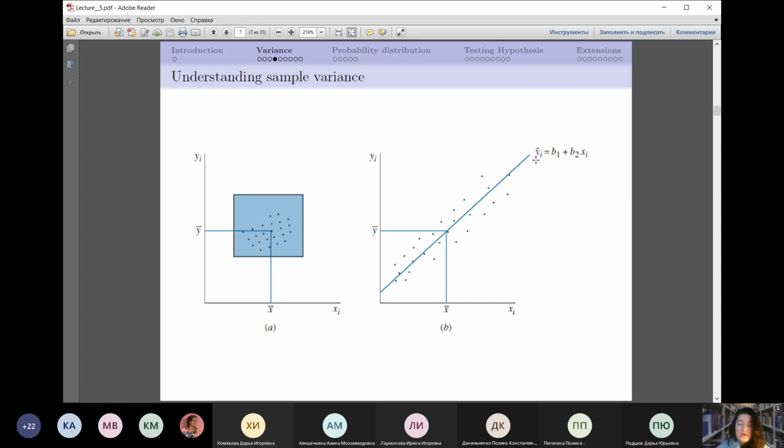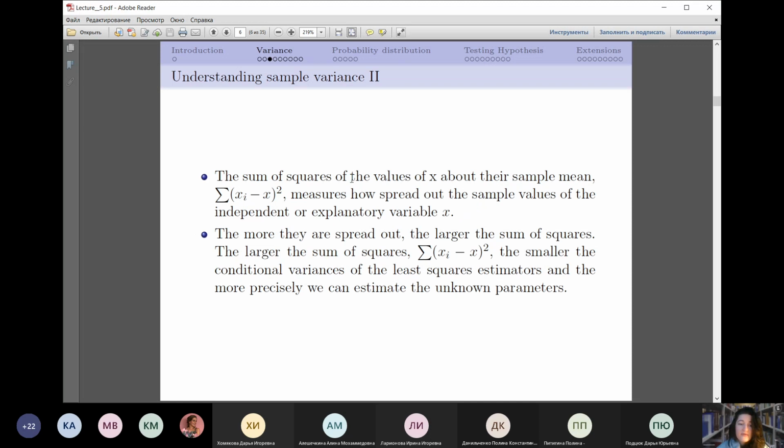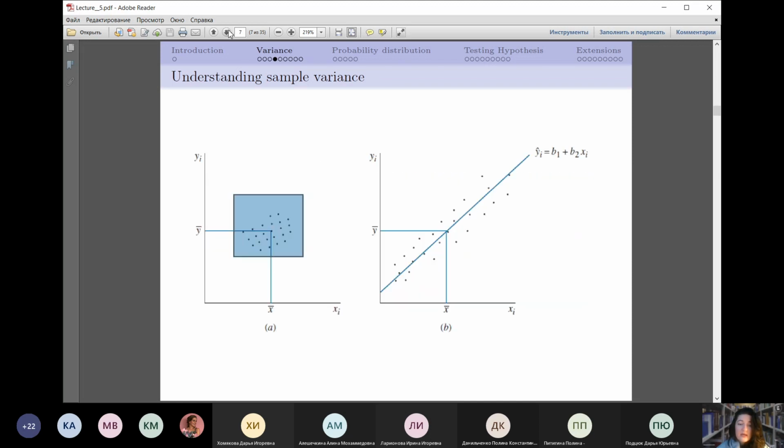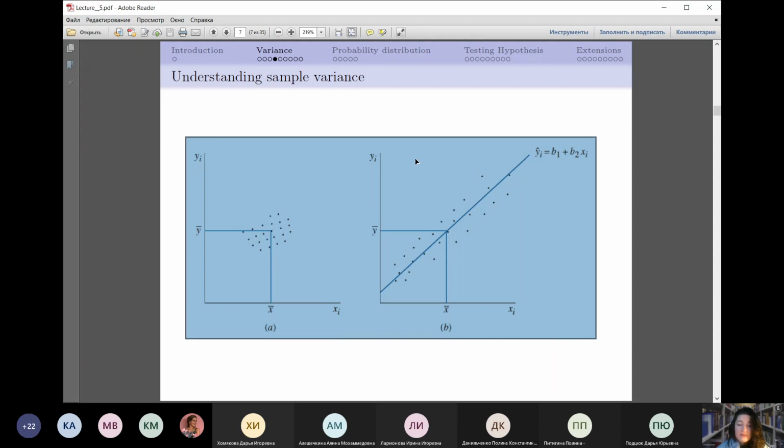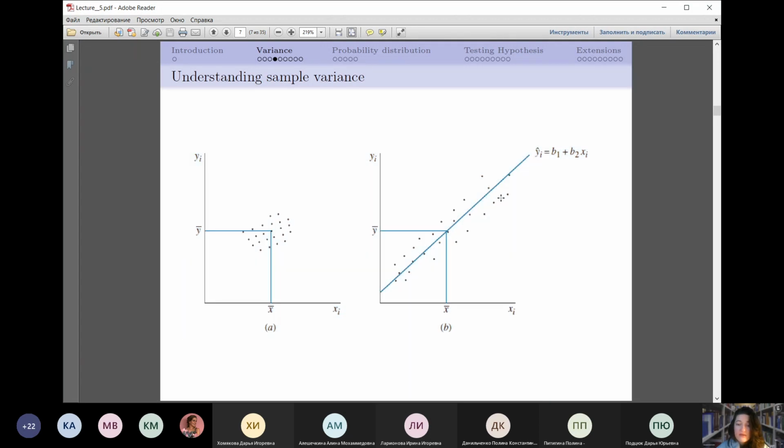The intuition behind this assumption about the variability in X is demonstrated here. Figure B is a data scatter in which the values of X are widely spread out along the X-axis. And in this figure, you can see that the data looks bunched.